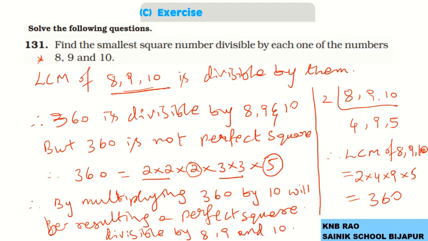So, what is the right answer? Therefore, the right answer is 3600. So, this is how we reason it out.